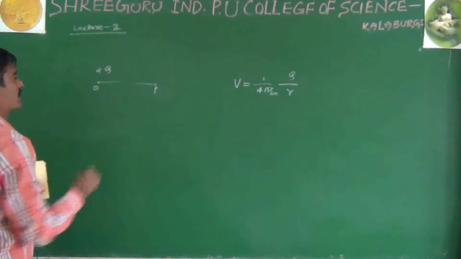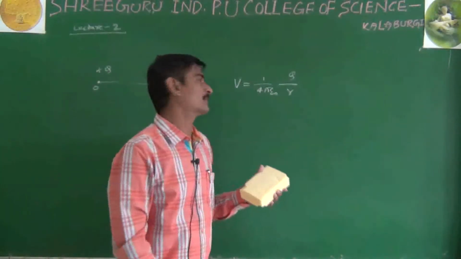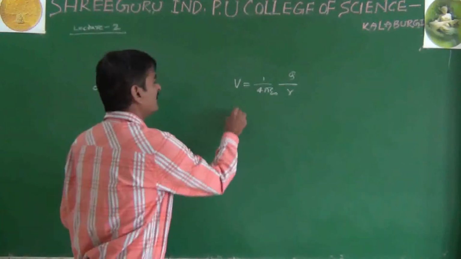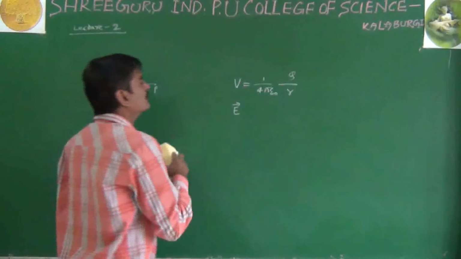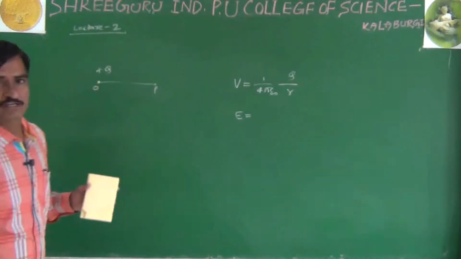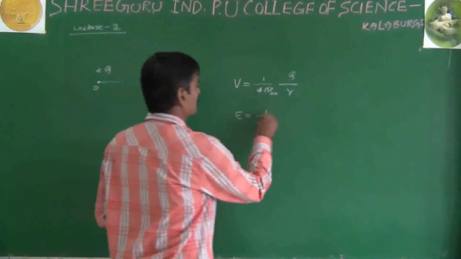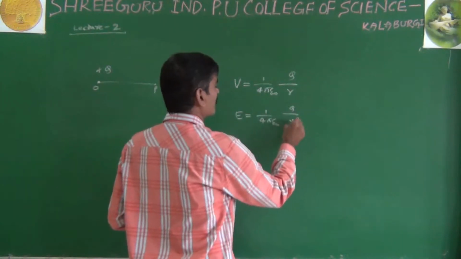Similarly, in the first chapter, you have determined electric field intensity. That electric field intensity due to a point charge is like this: 1 by 4 pi epsilon naught Q divided by R square.